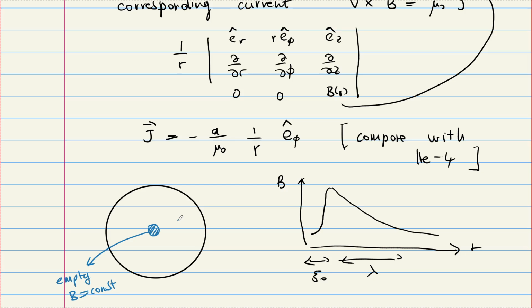Now there is a second radius where B is non-zero but decays exponentially, and this radius is given by lambda. If you go beyond this lambda, B is 0 and you have the bulk superconductor. B is completely expelled. So that's the picture of the vortex.